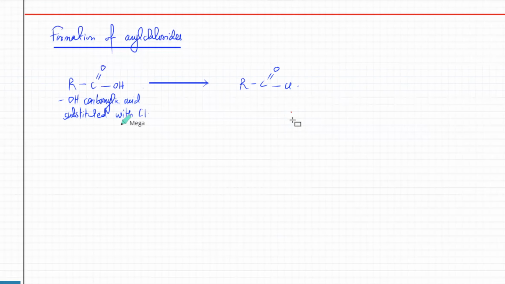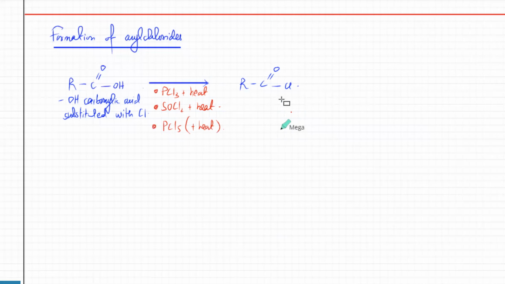You do it with PCl3 plus heat, or with SOCl2 plus heat, or the third reaction is you use PCl5, which is slightly more reactive. So you don't necessarily need heat for that, but you can use heat. So the first two would be sufficient.